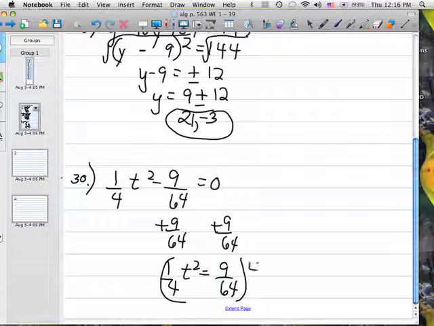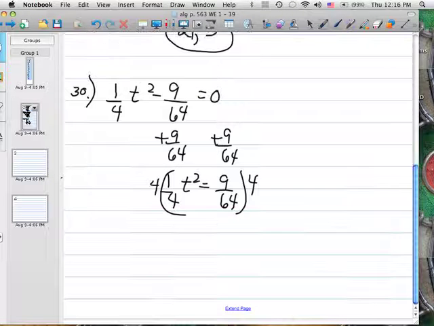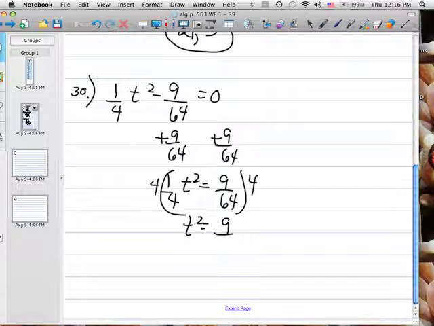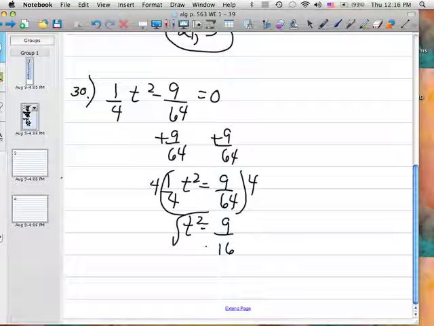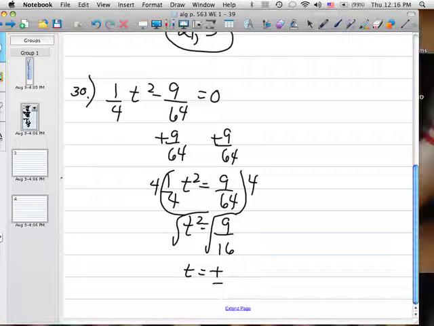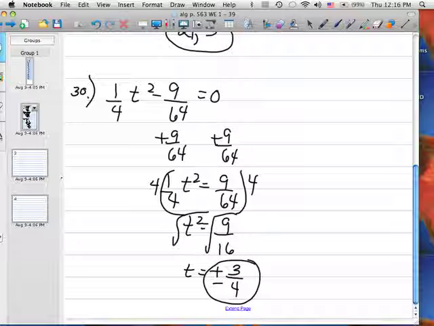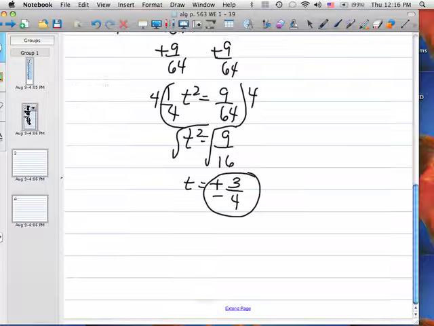Multiply by 4 to get rid of the 1/4, we get t squared equals 9 over 16. Take the square root of both sides, so we get t equals plus or minus the square root of 9/16, which is 3/4. The square root of 9 is 3, the square root of 16 is 4.